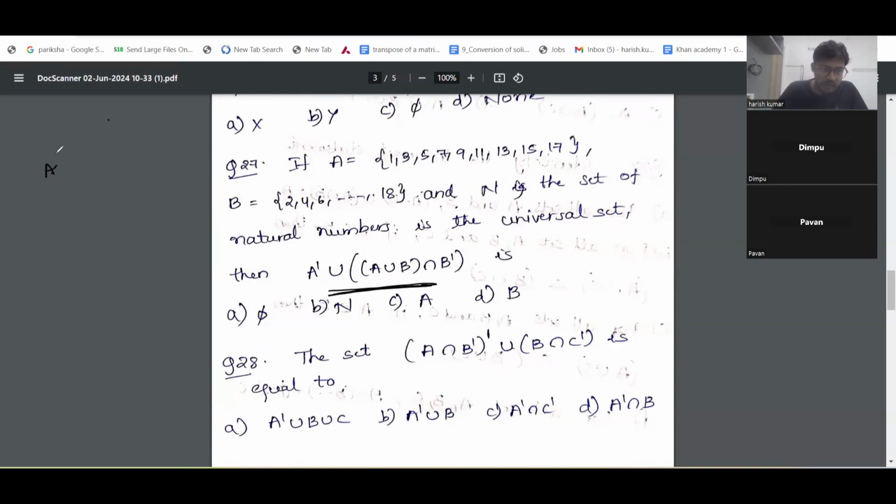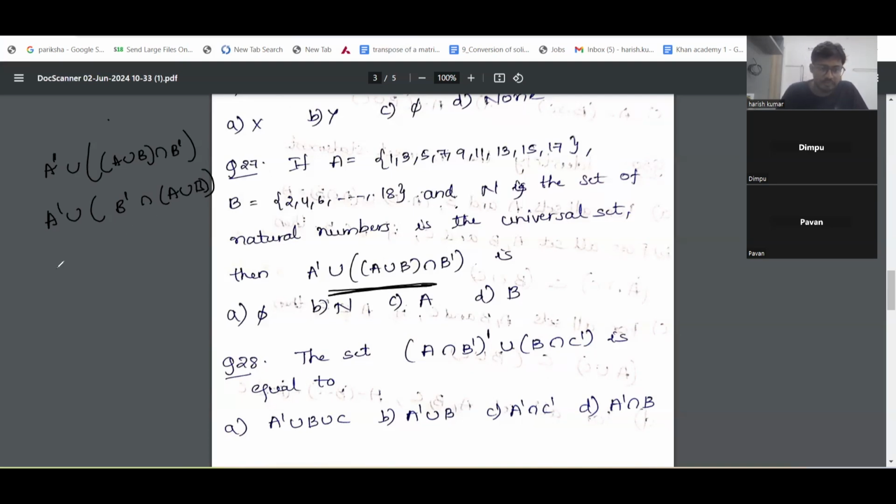What is it? A complement union A union B intersection B complement, right? Now this is clearly in the form of the distributive property. So to get it in a better way, I'll write it as B intersection B complement intersection A union B. Both are the same, because we are writing it with the intersection anyhow.